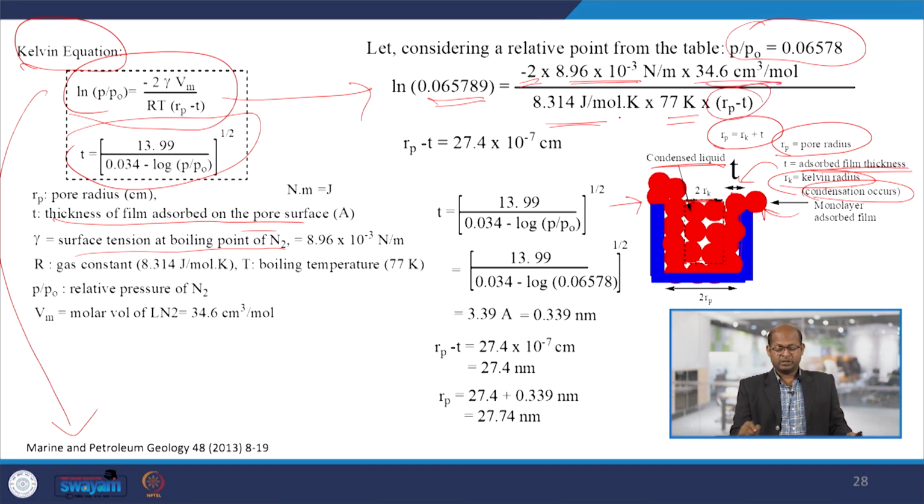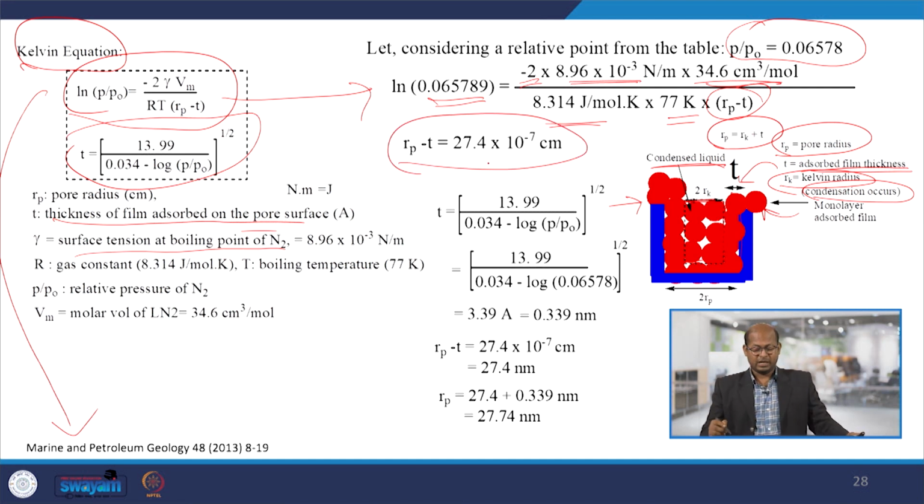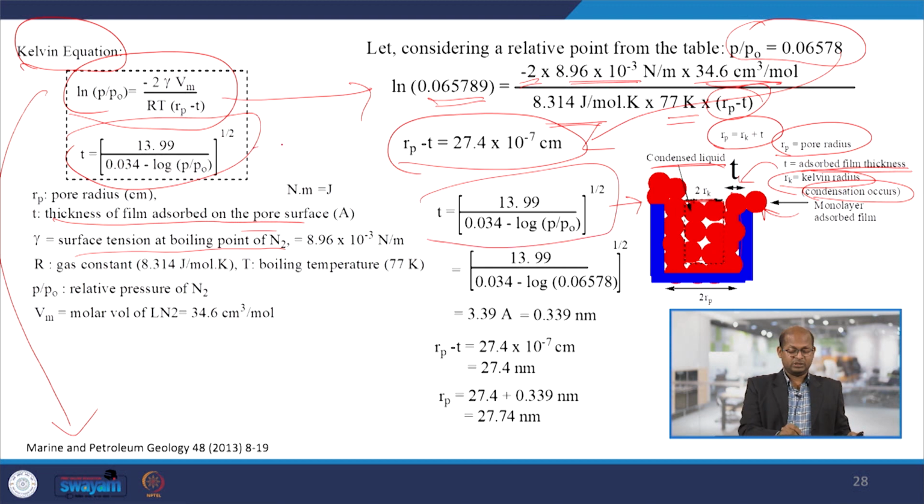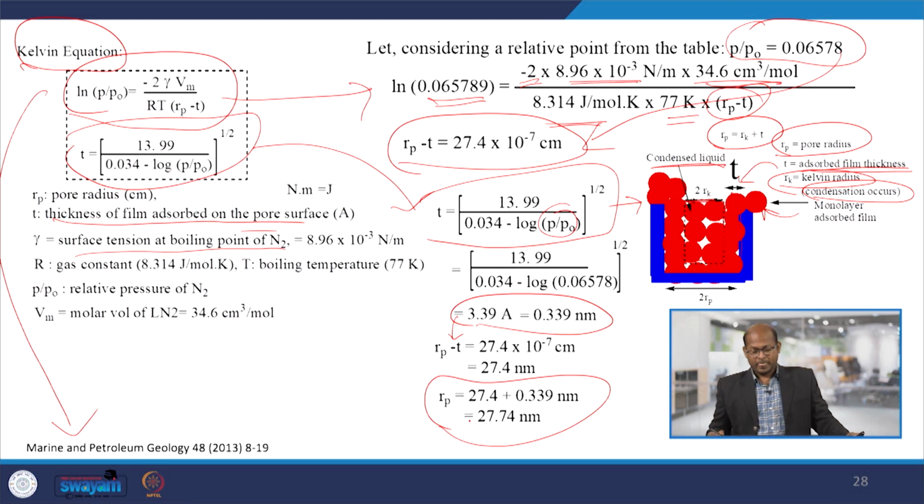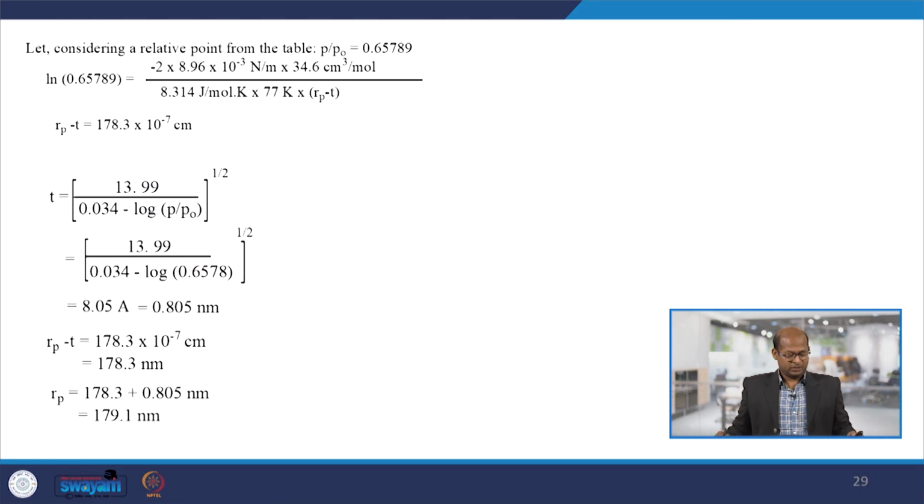Then Rp minus T we can calculate by putting in this particular pressure. Then T we can calculate using these equations. So, here if we put P by P naught, T will come this. If we substitute T here, then Rp, the pore radius or average pore radius, we can find out, that is 27.74 nanometers. So, these equations we can use.